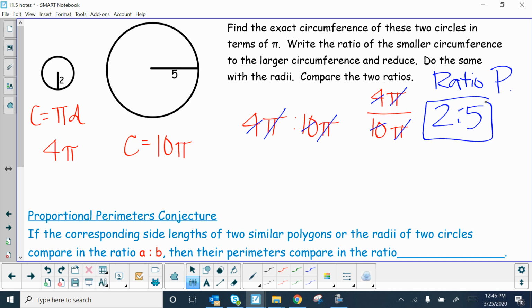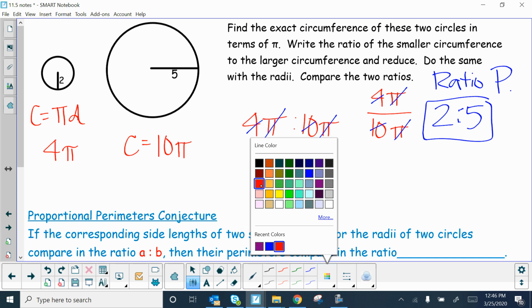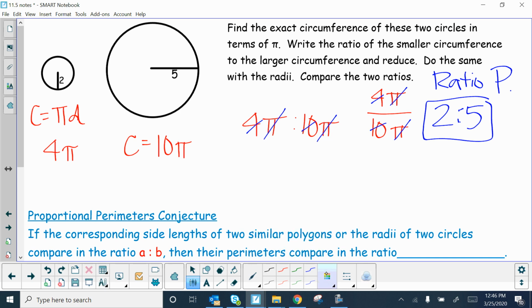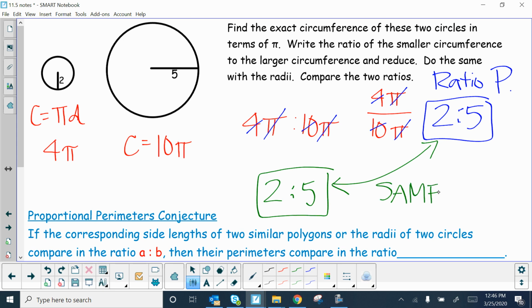So the radii are 2 and 5. What do you know? It's the exact same thing again. Again, the circumference ratio was 2 to 5, and the radius ratio is also 2 to 5.